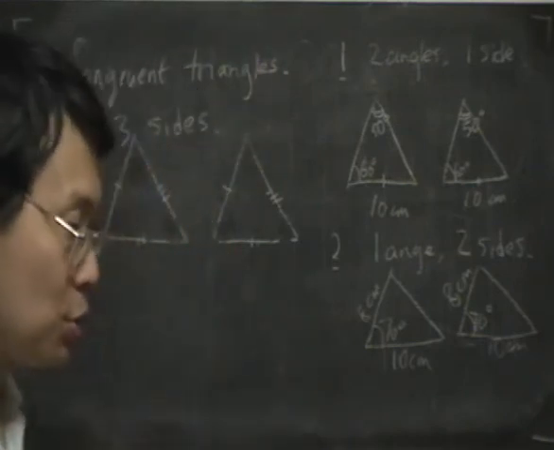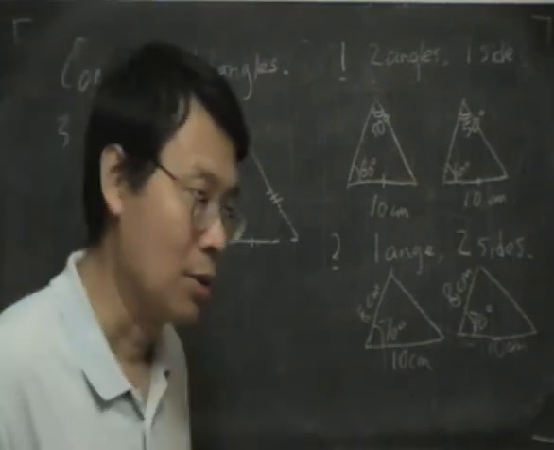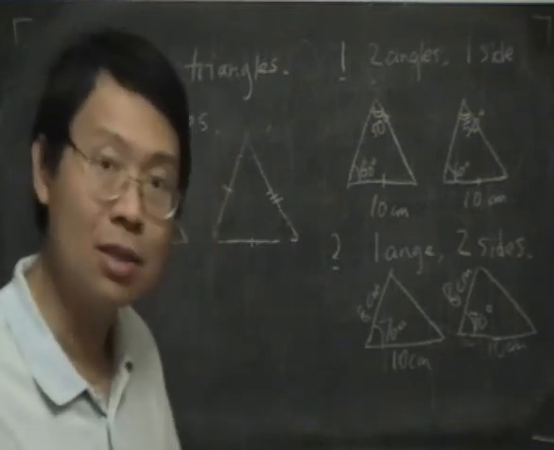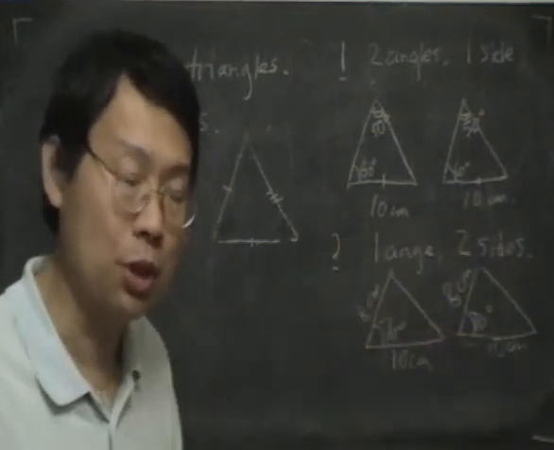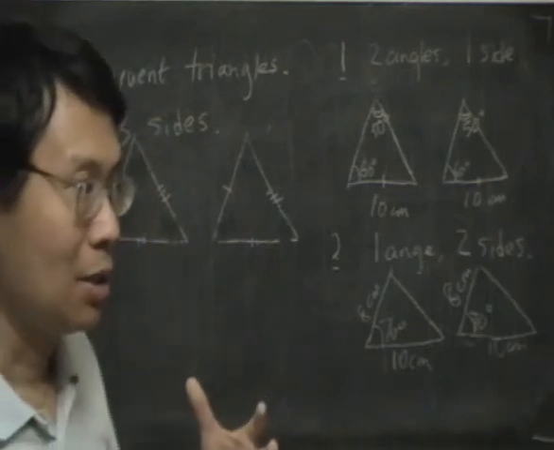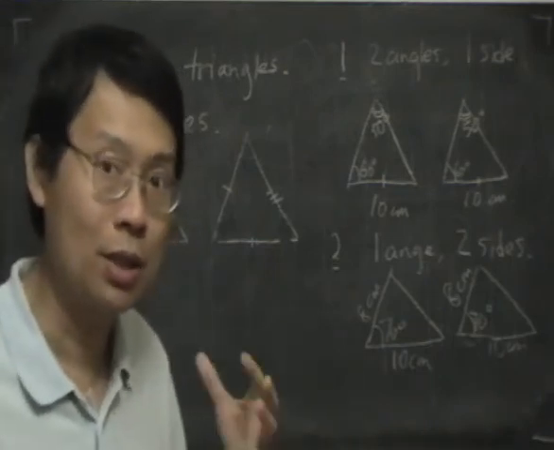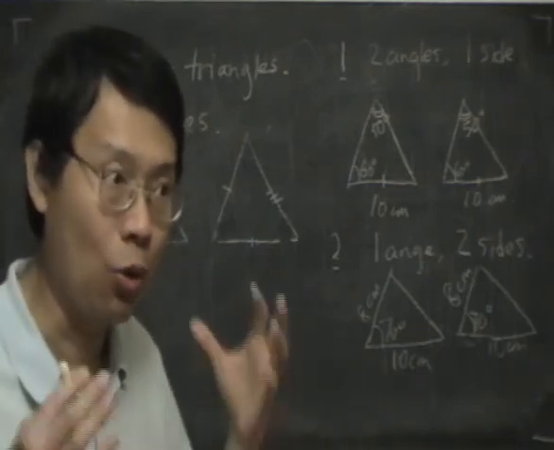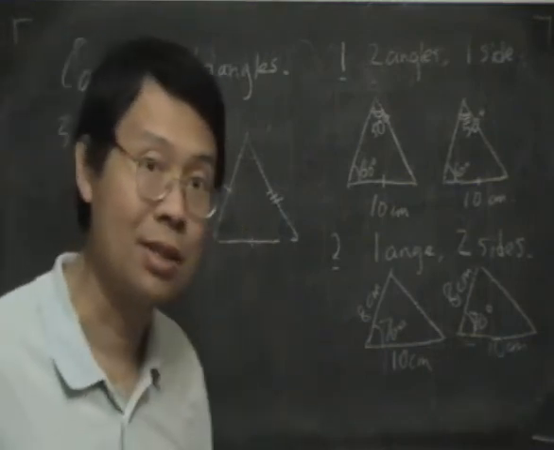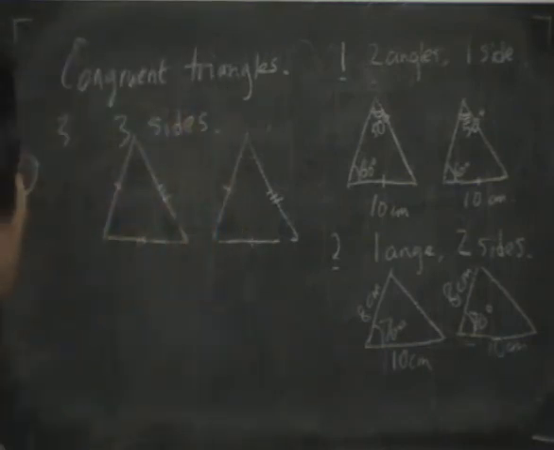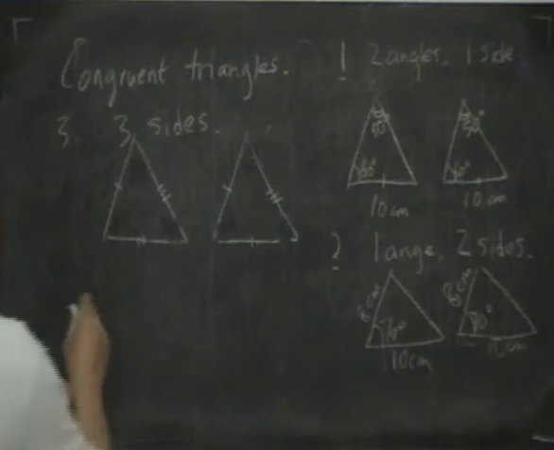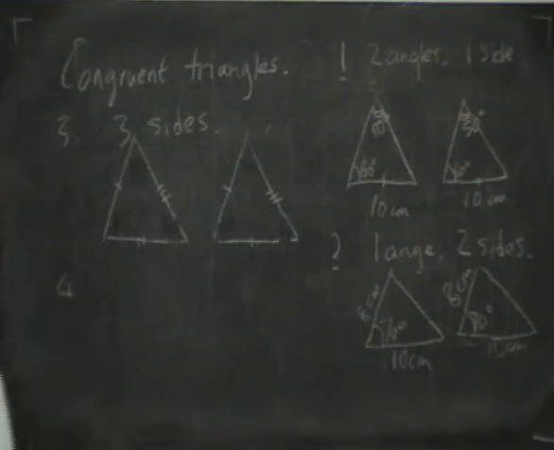So if you only know the three angles, the triangle can be either bigger or smaller. So that means that you cannot tell whether they are congruent if all you know are the three angles. That's not enough information.